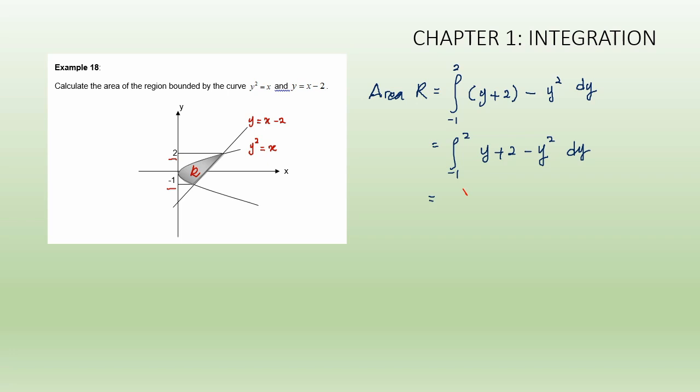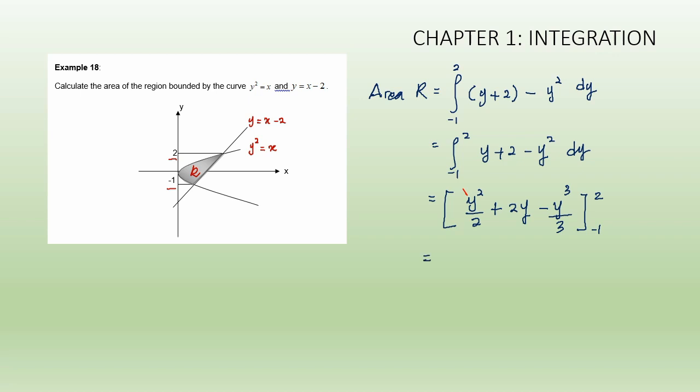And then we integrate the function, and we have y squared over 2 plus 2y minus y cubed over 3 from -1 to 2.